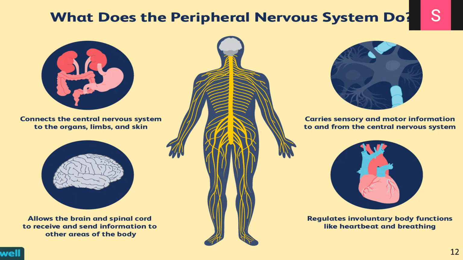The main function of the PNS is to connect the CNS to the limbs and organs, essentially serving as a relay between the brain and spinal cord and the rest of the body. Unlike the CNS, the PNS is not protected by the vertebral column and skull, or by the blood-brain barrier, which leaves it exposed to toxins and mechanical injuries.